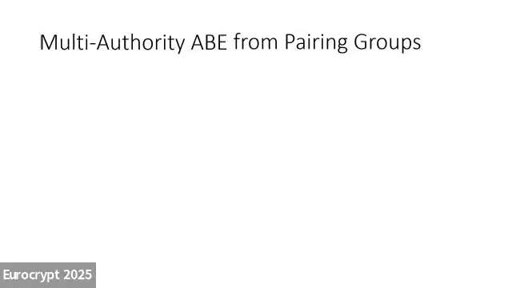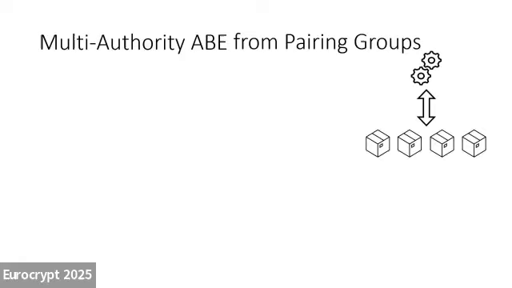At a high level, if you have ABE from groups, how these pairing-based multi-authority ABE schemes are built is that these ABE schemes decompose nicely into a couple of group elements associated with each attribute.